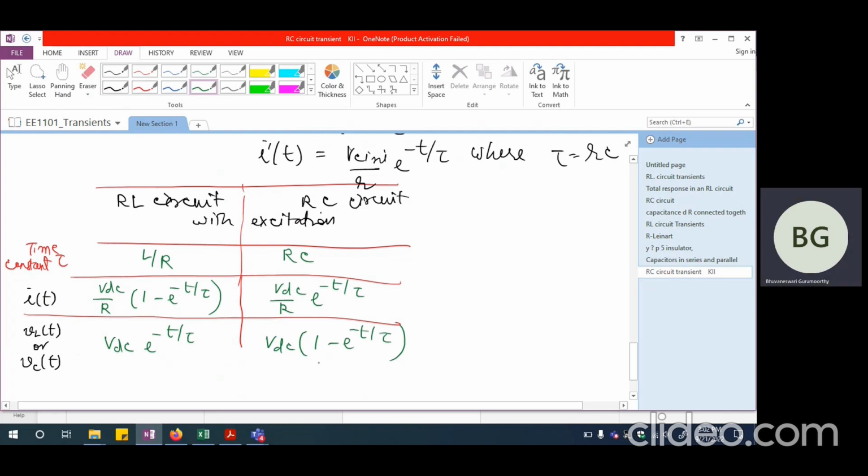Okay, so please note that RL circuit and RC circuit behave exactly in the reverse way. That is, whatever is the expression for current I got in the case of RL circuit, almost similar expression I'm getting for voltage in the case of RC circuit.